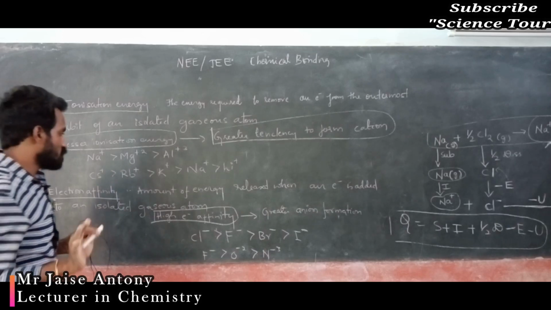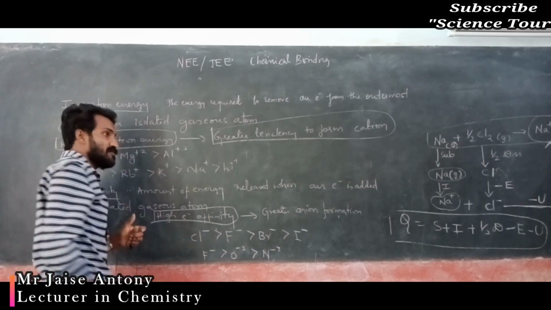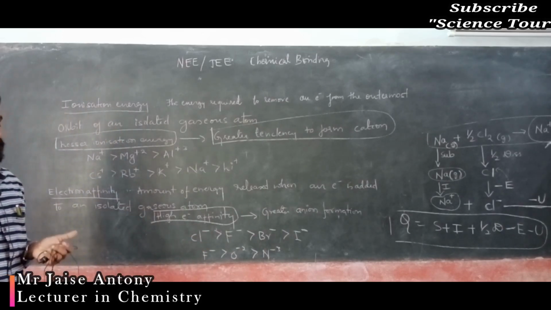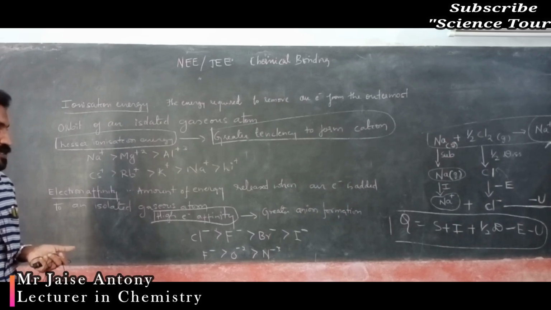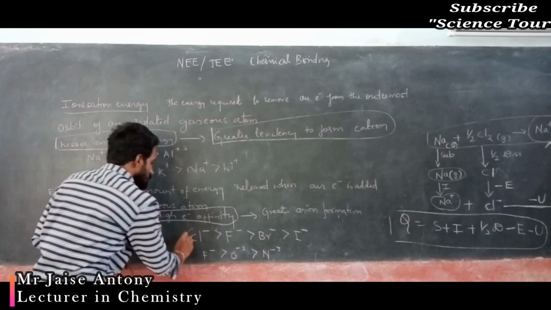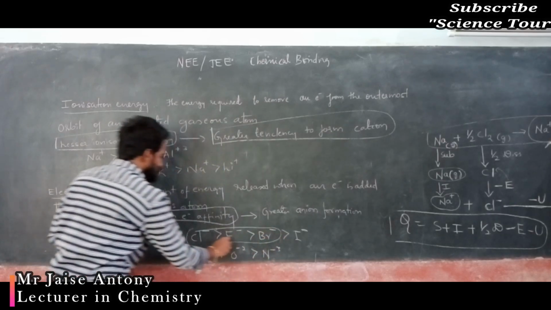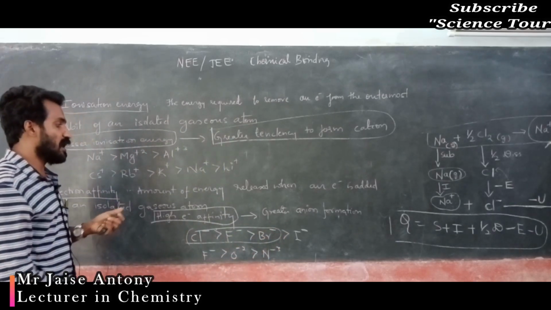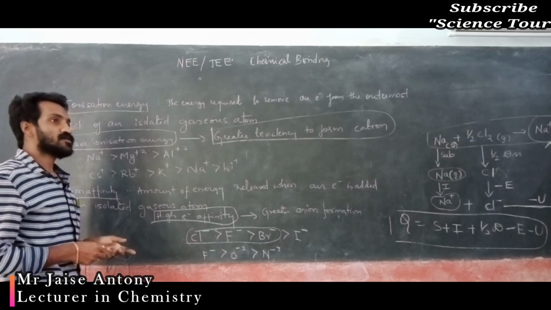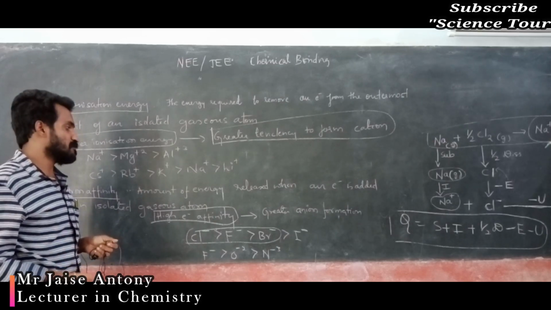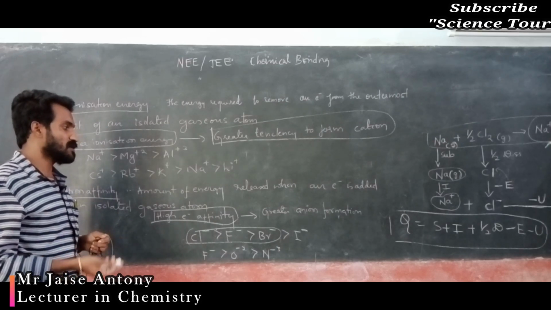Understood? No doubt, my dear students. Chlorine has more electron affinity compared to fluorine, compared to bromine, compared to iodine. This trend you have to see, my dear students.